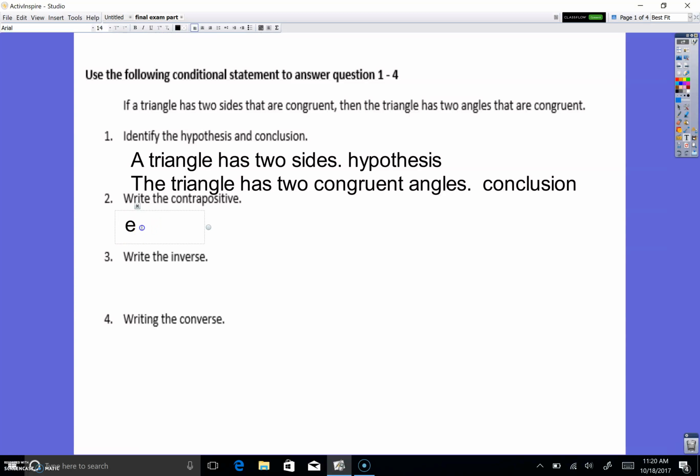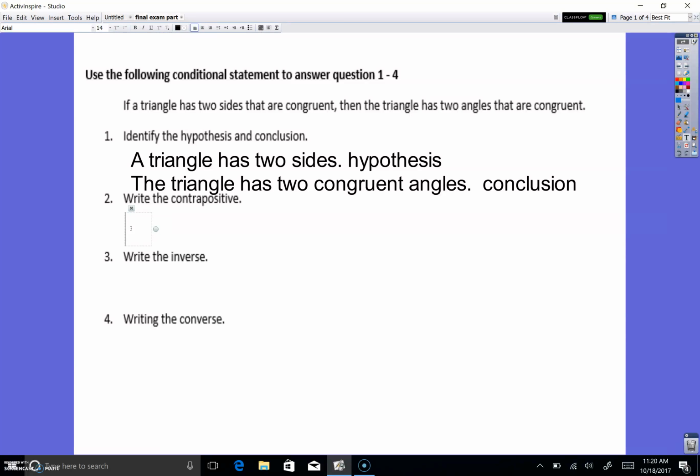First, I'm going to talk about the converse. The converse is if you switch the hypothesis and the conclusion. The inverse, you put a not into both the hypothesis and the conclusion.